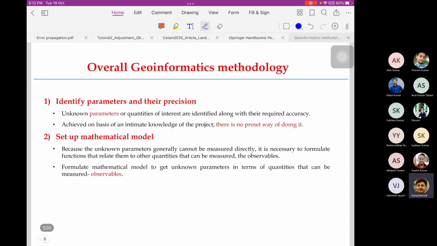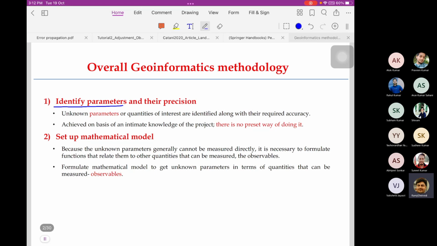So first is identify parameters and their precision. This is the first step. Whenever you read any problem, you read the problem very carefully and identify the parameters: what you need to estimate, what you need to find out, or in your problem statement, what estimation is required for a particular parameter.